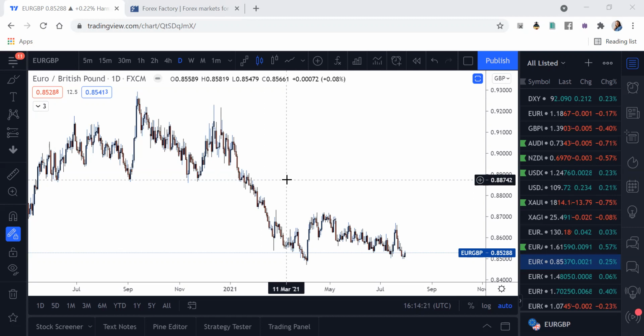For any person that is now starting, so a beginner to intermediate to advanced trader, they can all use this strategy. Very simple to identify true support and resistance.